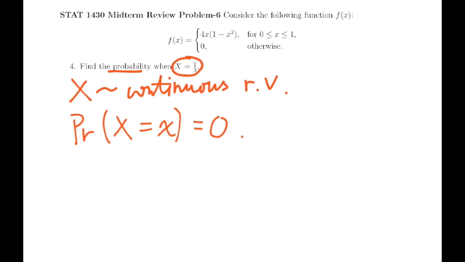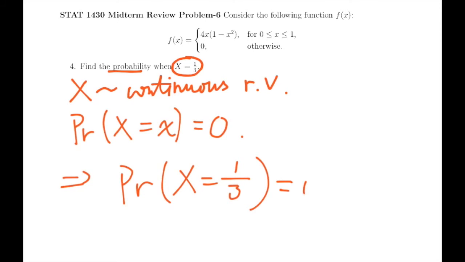So in this case, we have the probability of x equal to 1/3 is equal to 0.